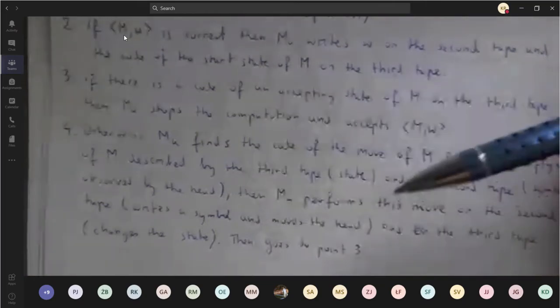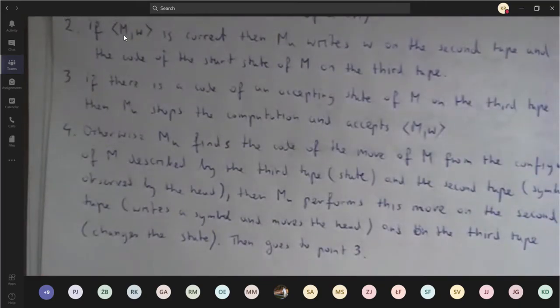So basically MU divides the input string into M and W, and then runs M on W and accepts if M accepts W. So this universal Turing machine can simulate any computation of any Turing machine. So that's why it is called the universal Turing machine.